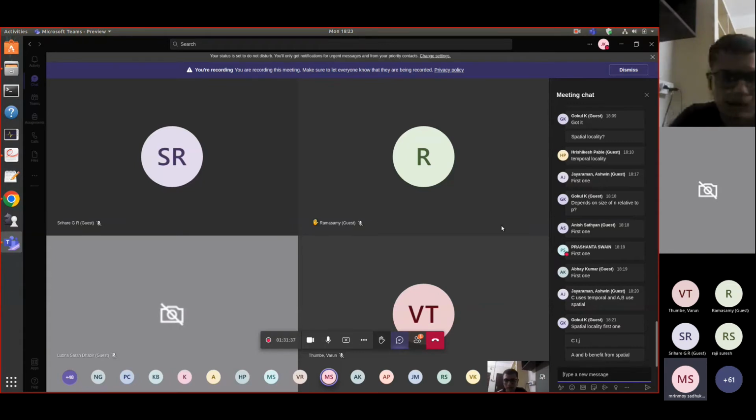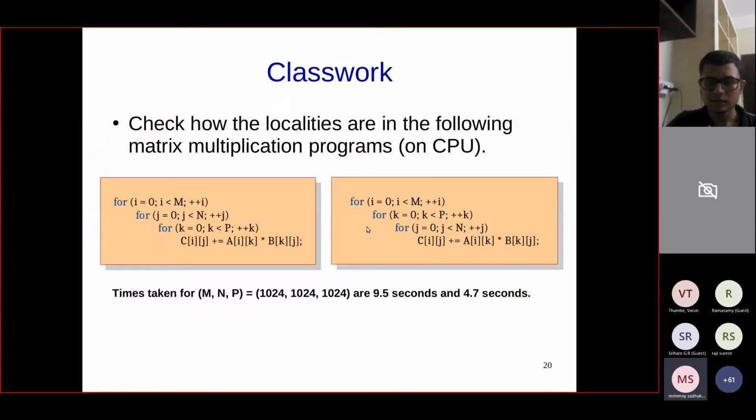Okay, I think I should now move towards the explanation. The answer is that the second code snippet is better, and I'll explain why. If you carefully see both of these code snippets, there are three matrices, A, B, and C, in both cases.